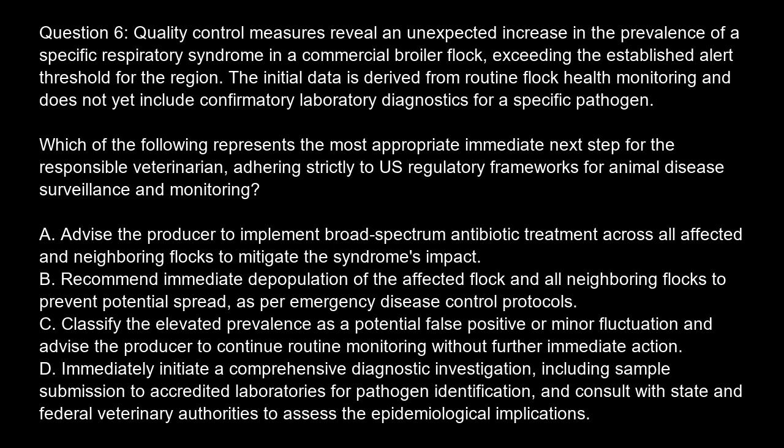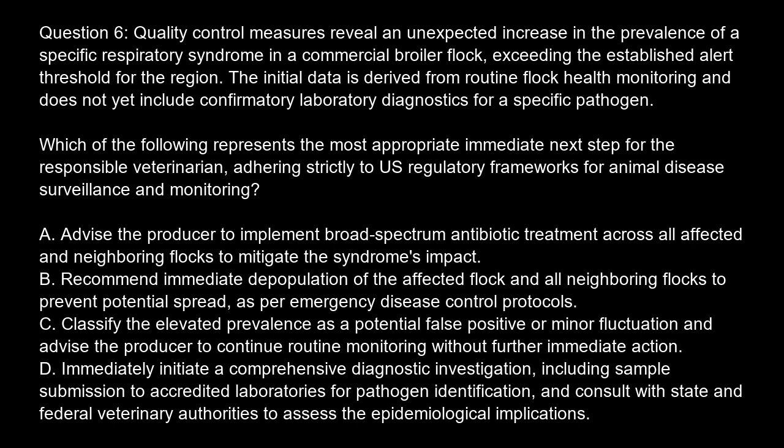Option A. Advise the producer to implement broad-spectrum antibiotic treatment across all affected and neighboring flocks to mitigate the syndrome's impact. Option B. Recommend immediate depopulation of the affected flock and all neighboring flocks to prevent potential spread, as per emergency disease control protocols.